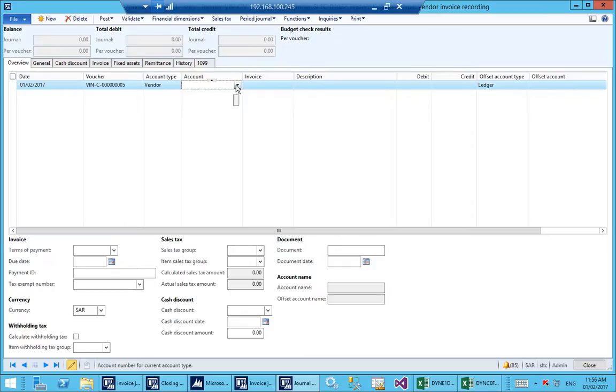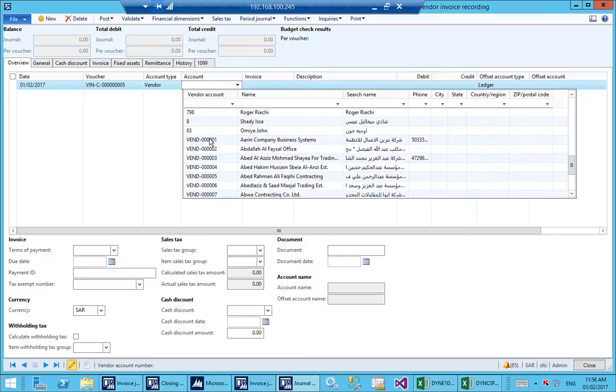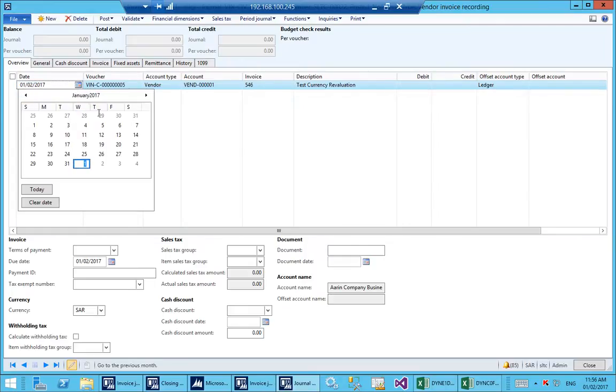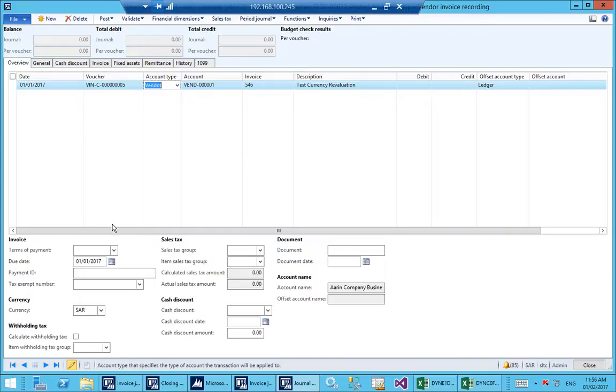Vendor, what is the account? Invoice for description, test currency revaluation, and we make sure that the date is the 1st of Jan.